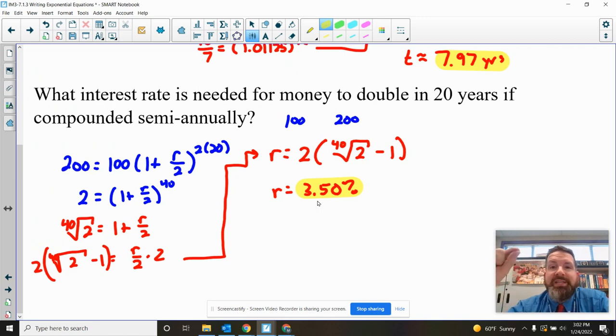A small percentage increase over time can lead to big changes over time. So if you remember one thing from this lesson, one thing, it's that you should start investing early. You should start your retirement accounts as soon as you are able to put money into them. Because the longer it grows, even if the interest rates are low, it's going to be a big, big amount over time.